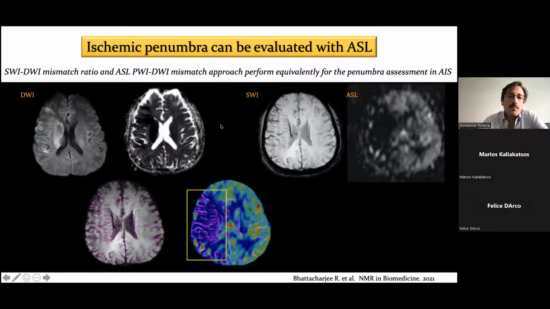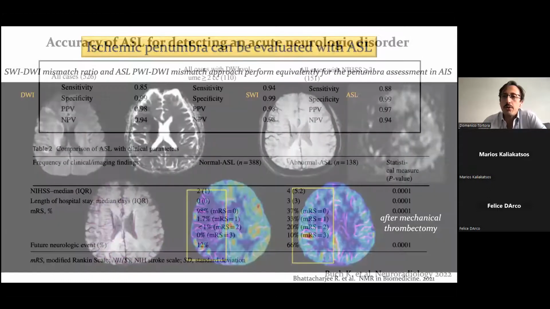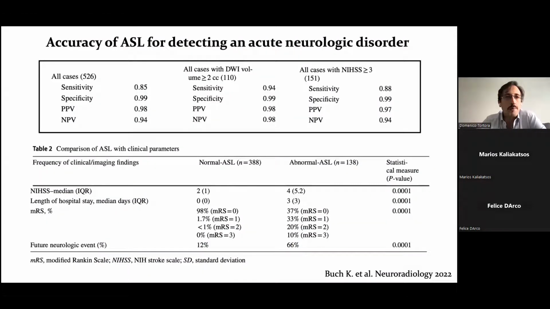By evaluating the mismatch, you can probably suggest possible intravascular treatment, even if it is not considered the gold standard in the pediatric population with arterial ischemic stroke.